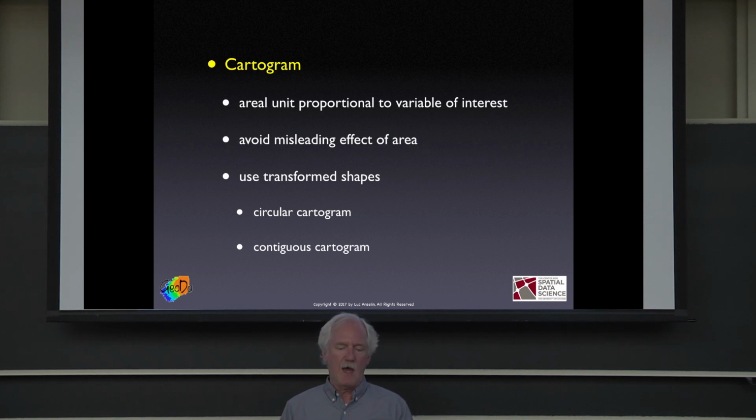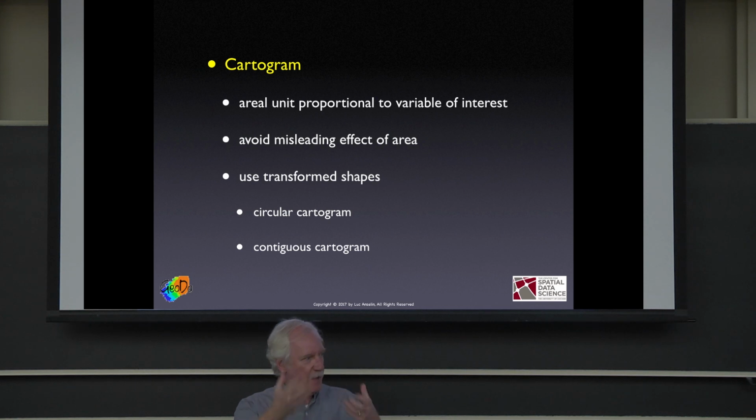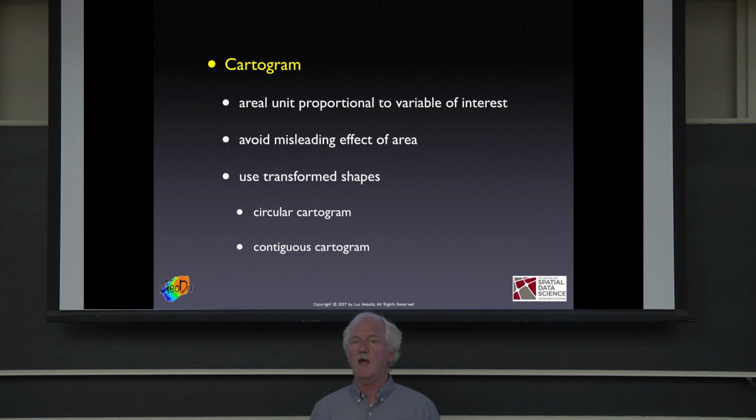And I always give the example of homicides in the US. Some of the cities with the highest homicide rates in the US are like St. Louis, New Orleans. On a map of counties of the US, you'd never see them. They're teeny little areas. So they are the most important in terms of the information you're trying to portray, but they're essentially invisible.